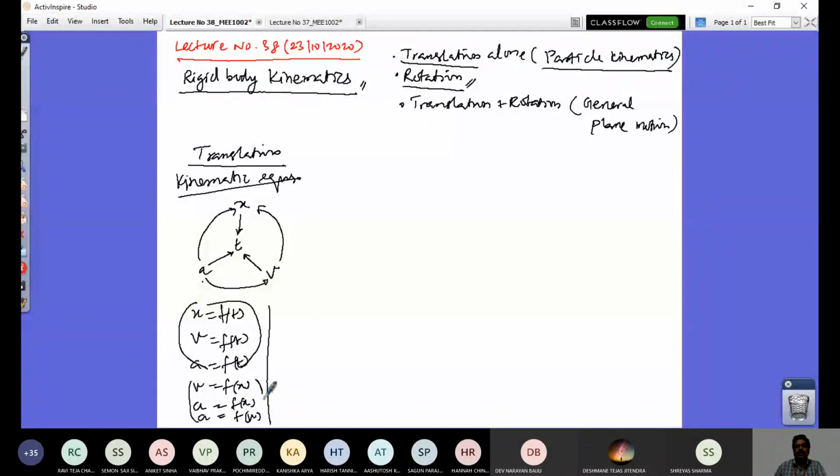You know that. So now similarly for rotation, the motion parameters that I'm going to define are, in place of x position, a position called theta, an angular position of the rotating body. Correct? So a pulley is rotating. I have a point on its circumference.